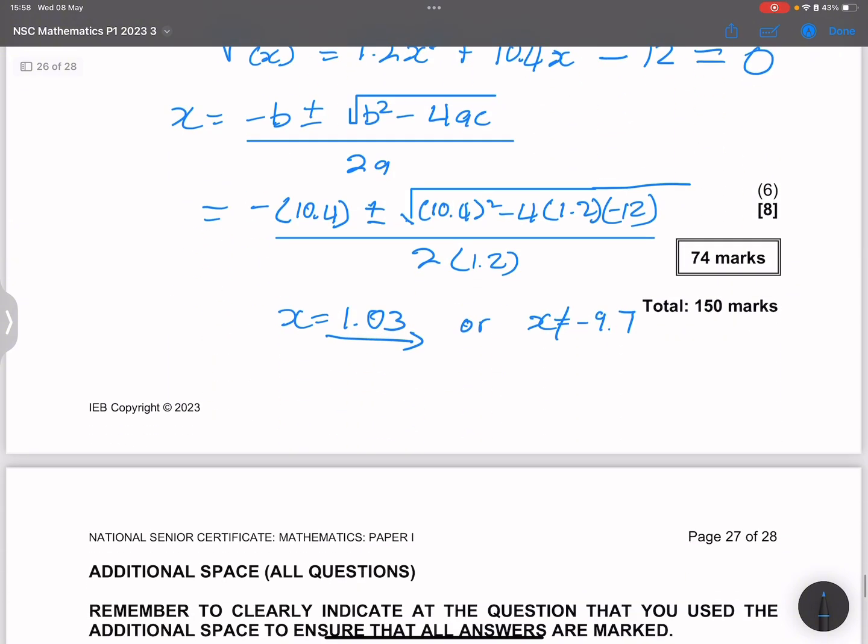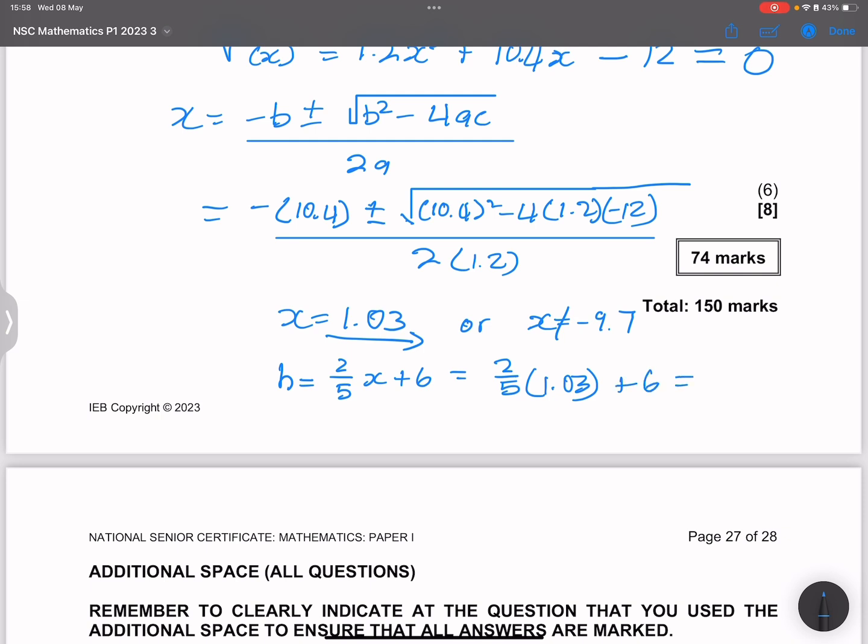So we said our height of the vertical beam was 2/5 x plus 6. So in that case, it will be 2/5 multiplied by 1.03, plus 6.